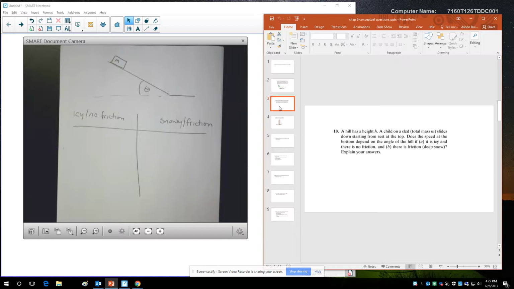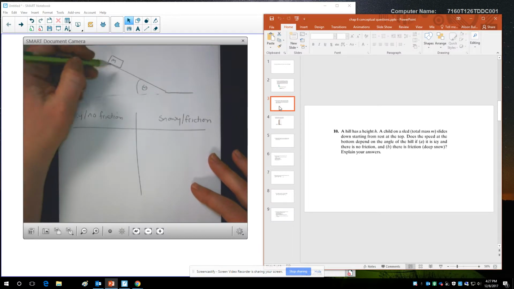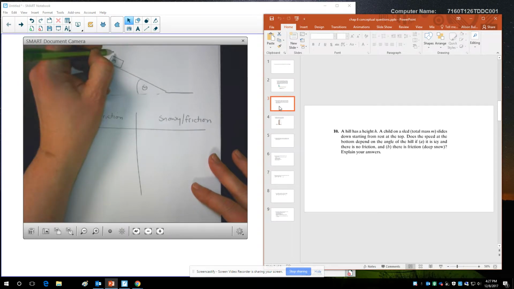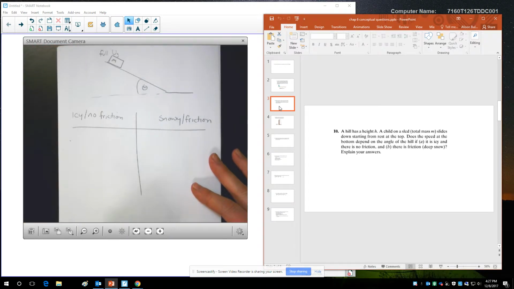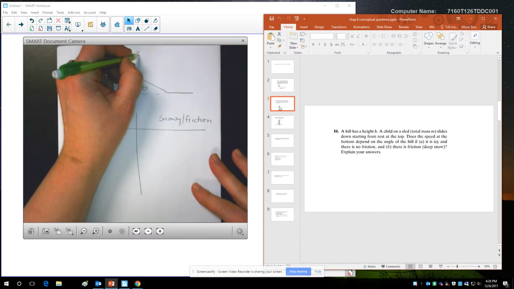So we can think about this in terms of conservation of energy. We could also answer this in terms of force and kinematics, force, acceleration, and kinematics. But since we're in the work energy unit, we should think about work and energy, or in this case, really conservation of energy. So at the top of the hill, the kid is full of gravitational potential energy, and starting at rest, no kinetic energy.